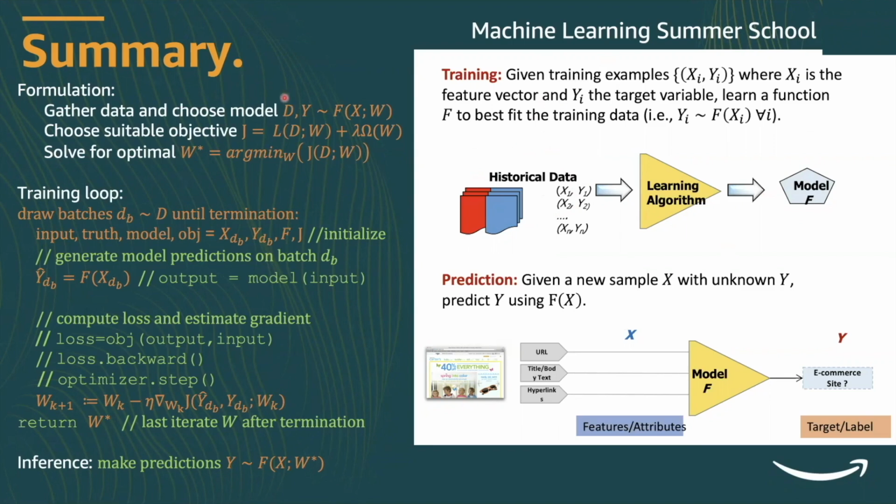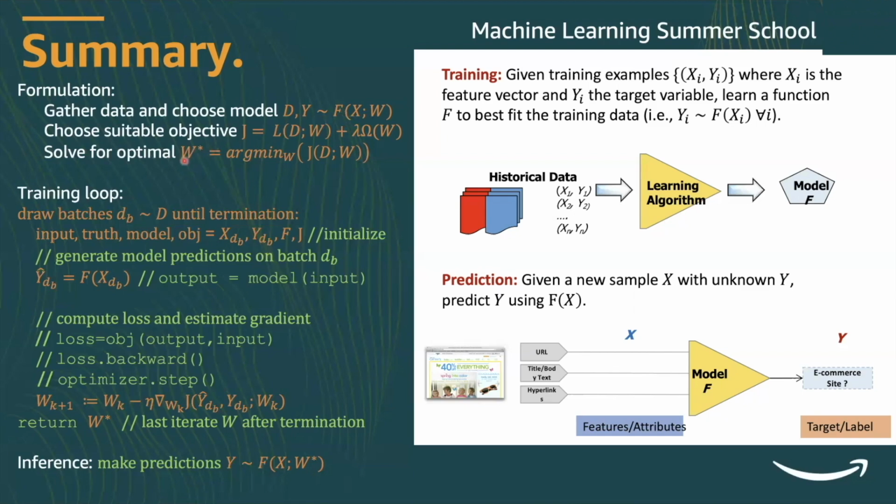And this requires us to gather the data, the right data set, choose a model F that we want to fit, choose a loss function that will determine how good the models are, with an appropriate regularization if necessary, and then use an iterative solver on this objective function, which is a function of the training data sample and the predictor and its parameters.